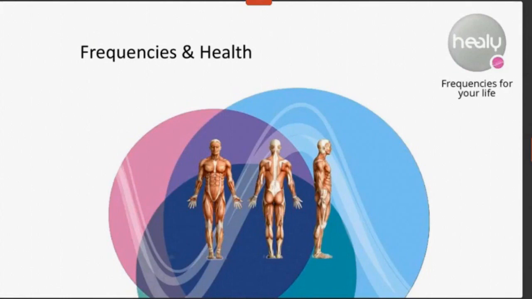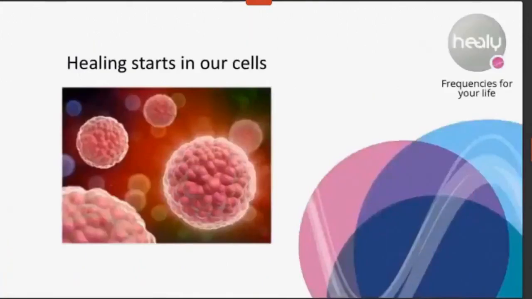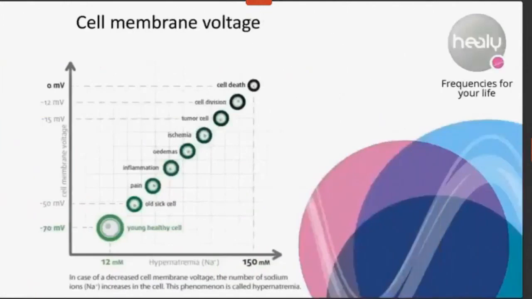In order for you to understand that concept a bit further, I have a graphic which you probably know. This is the so-called cell membrane voltage picture. You might have seen this in a few PowerPoints or charts or pictures from some meetings, or even if you download it in your member area.